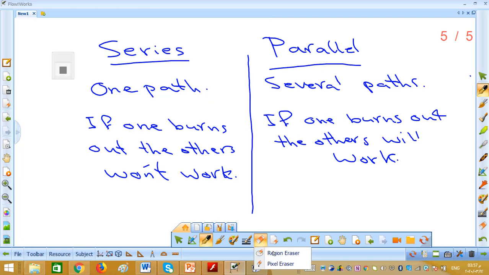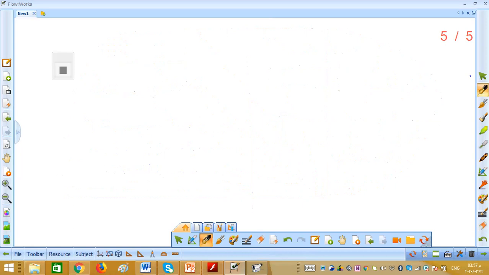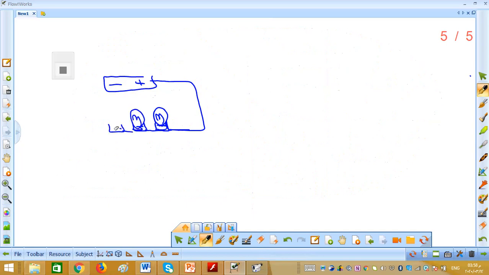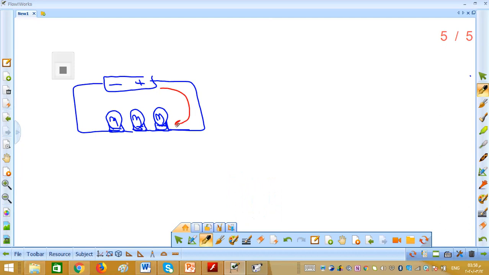Now to know more about parallel and series circuits, I draw two graphs. The second one about series, you'll make battery or energy station, then wires, then for example the first device, the second, the third. So electricity will move from positive to negative in this way through light bulbs and this way.